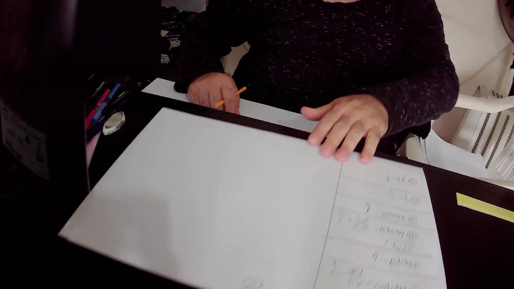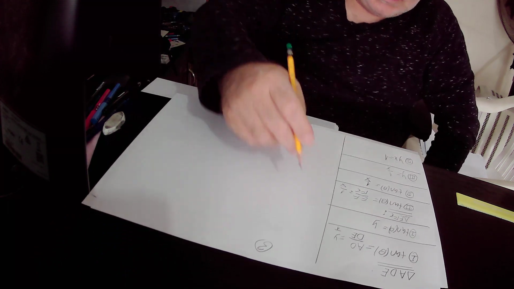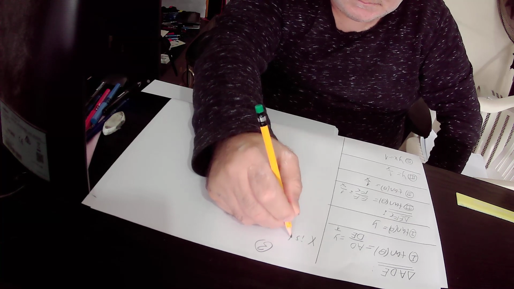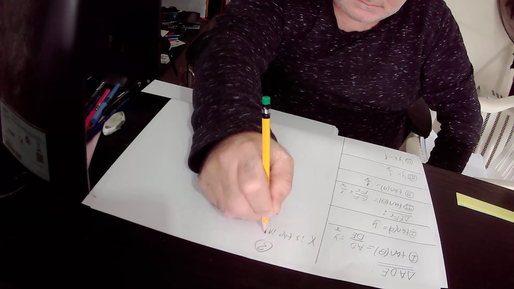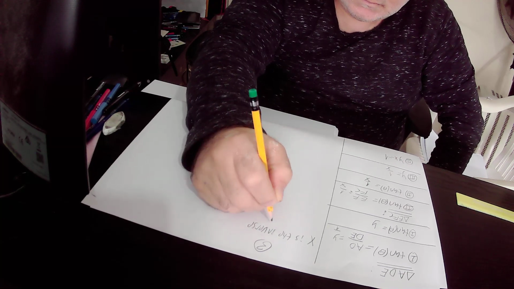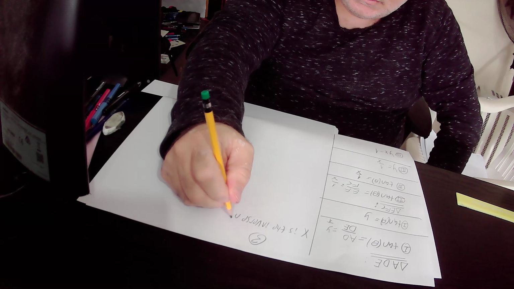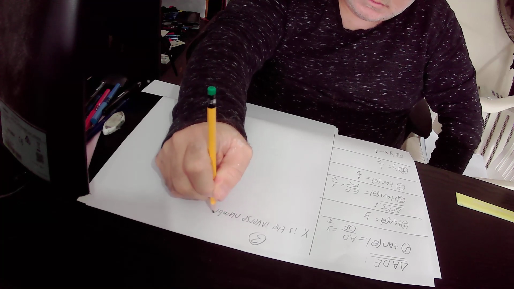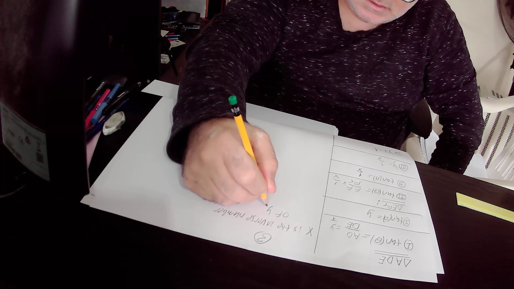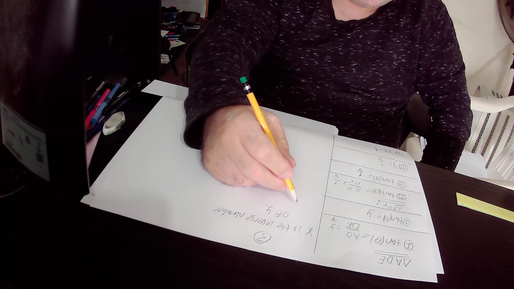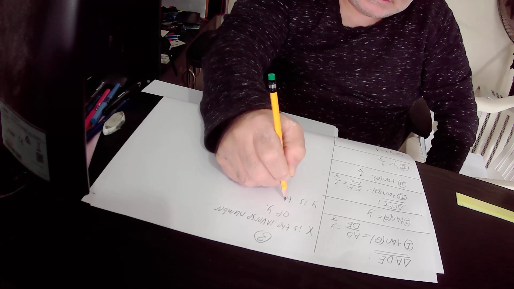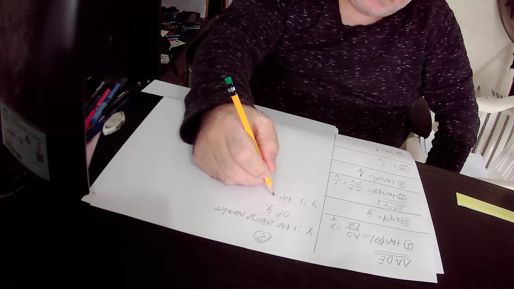So we can write here that X is the inverse number of Y. And it is also true to say that Y is the inverse number of X.